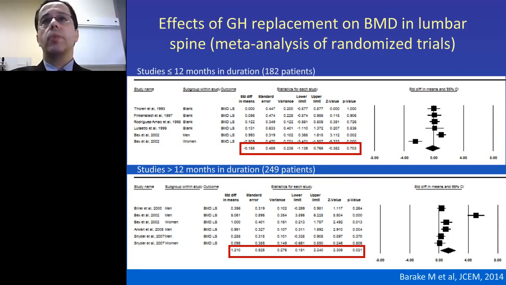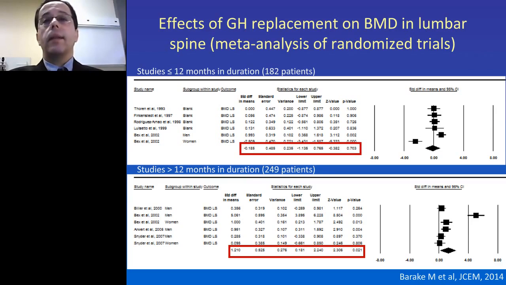This is bone density in the lumbar spine. And you can see that most of the studies are centered around 0, and the diamond, which is the summary effect, is in fact centered at 0. The p-value is 0.703, so clearly not statistically significant. So growth hormone replacement for up to 12 months, on the average, has no effect on bone density.